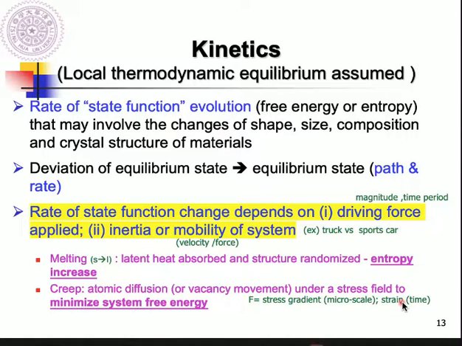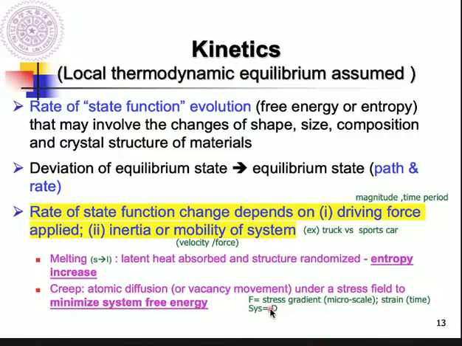And what's the inertia of the system in this case? That would be, because atomic diffusion means the mass transport, right? So the inertia of the system would be the diffusivity of these materials. For example, diffusivity changes with crystal structure.